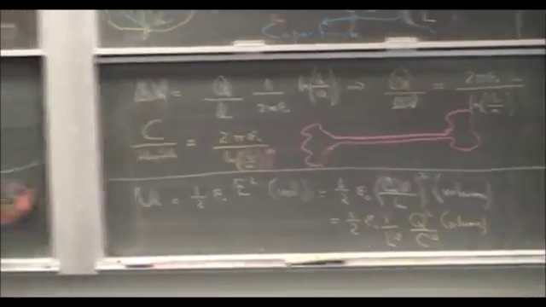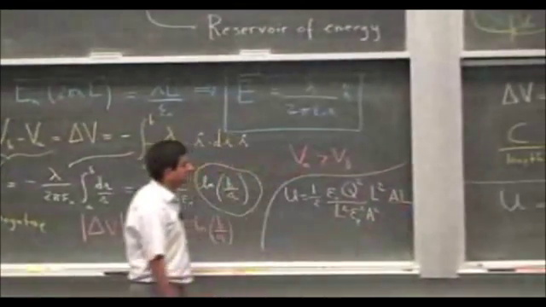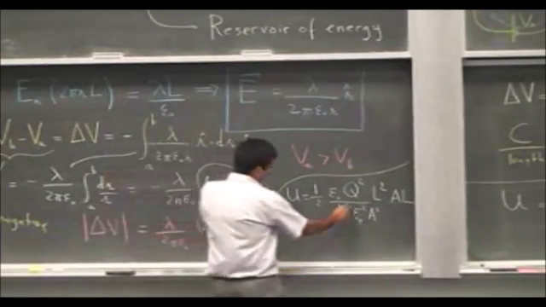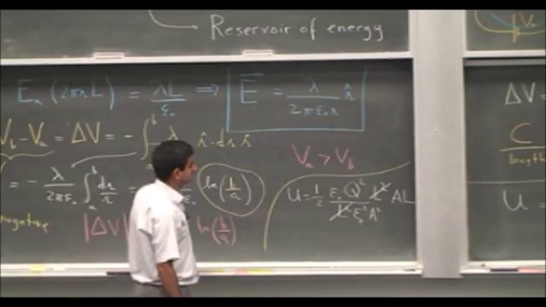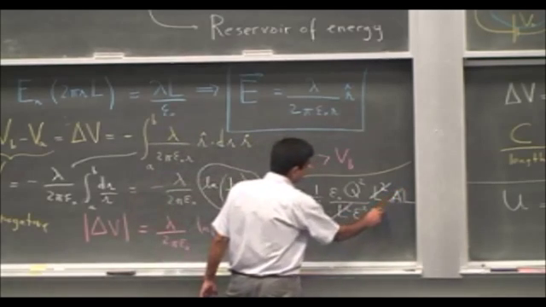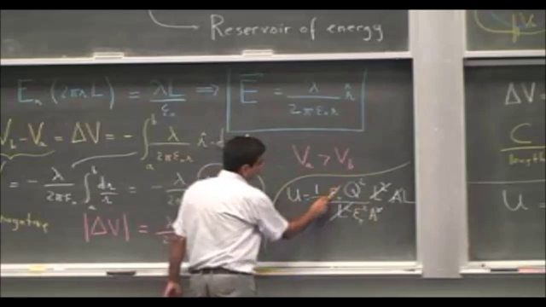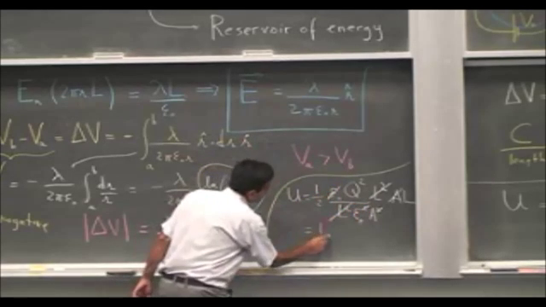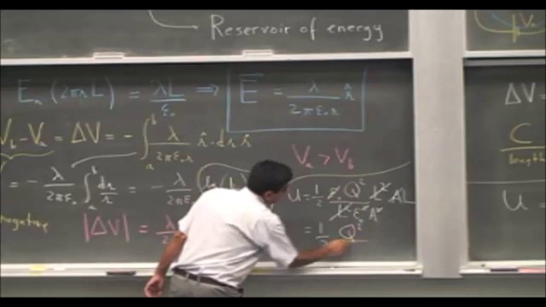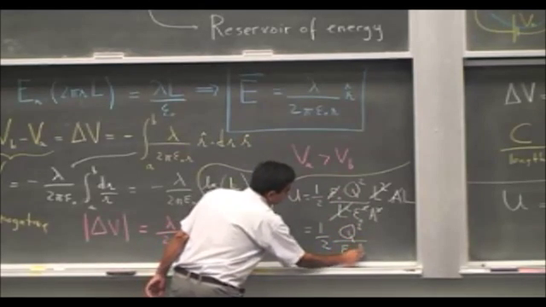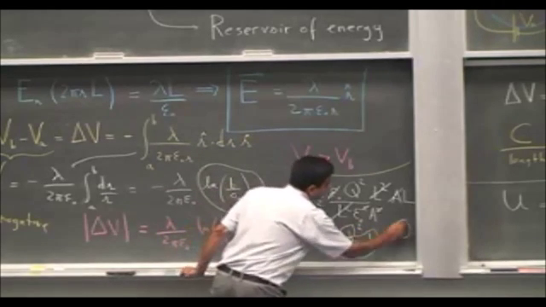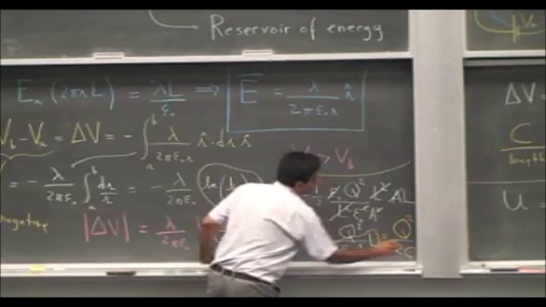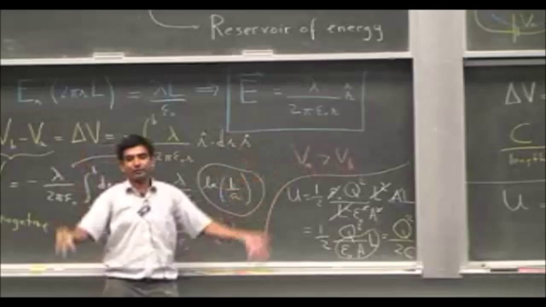And volume is area times length. Okay, this area goes like this. This epsilon naught goes like this. So I'm left with half Q squared over epsilon naught, area over L. But this is simply the capacitance. So I'm left with Q squared over 2C. So the energy stored in a capacitor is Q squared over 2C.